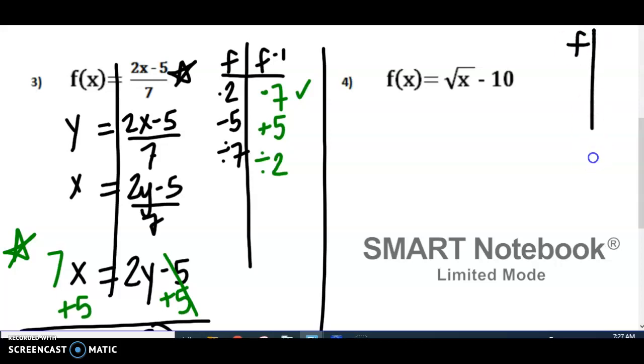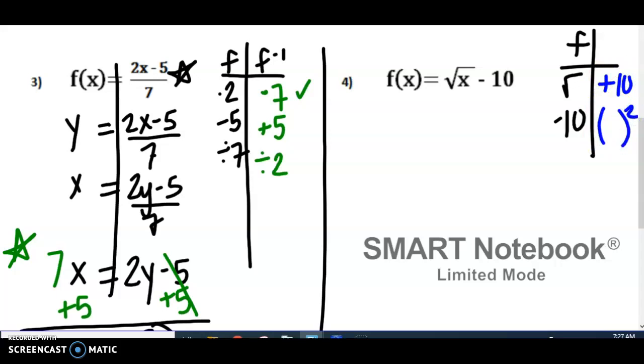So I'm going to make that list first. I would first square root and then subtract 10. So my undoing list is going to include add 10 and square it.